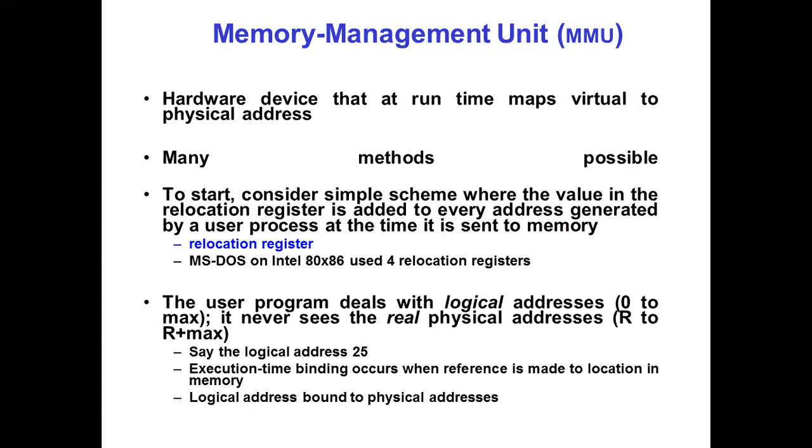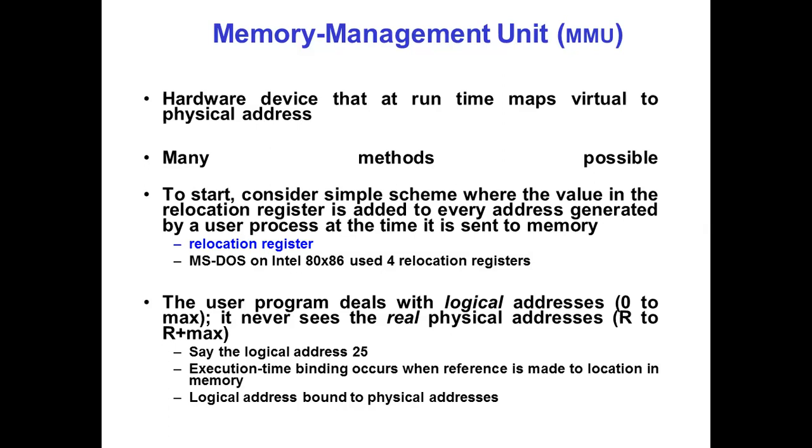The MMU is a hardware device that at runtime maps virtual to physical addresses. If it is connected with the hardware device, then at runtime it maps the virtual address to the physical address. So at the start we have the logical address, and then it is converted to the physical address.